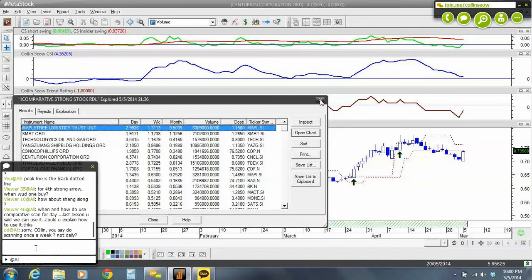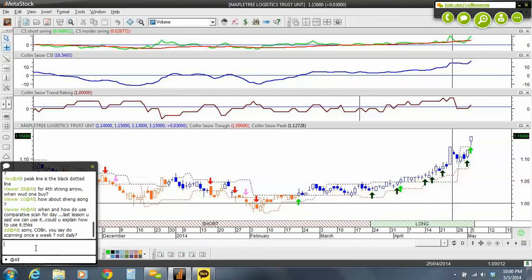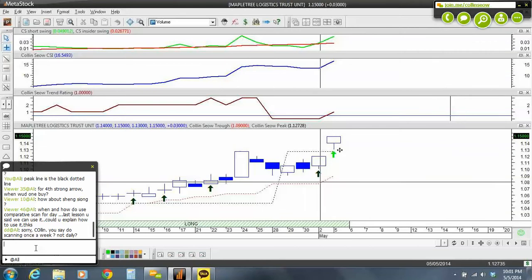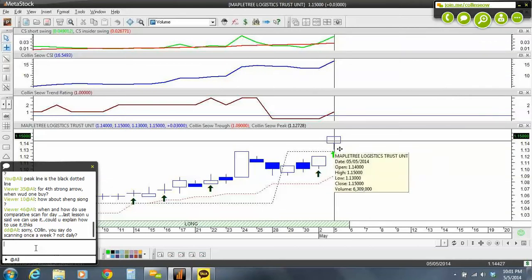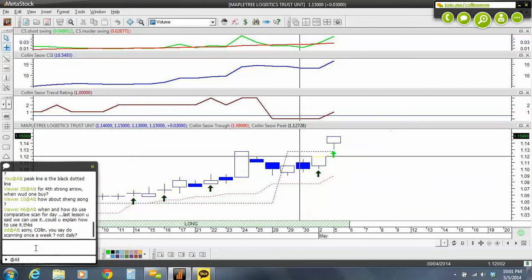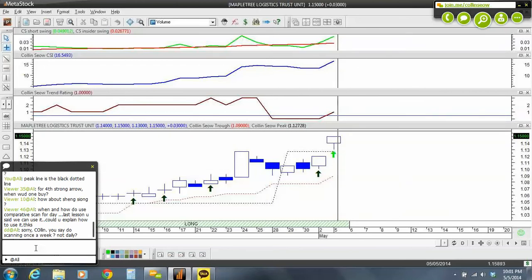So the difference between these two stocks is, for Mapletree Logistics, it's the strongest stock compared to the last 1 week. That means today, compared to the last 5 days. I didn't scan the whole SGX, I scanned about 100 stocks.